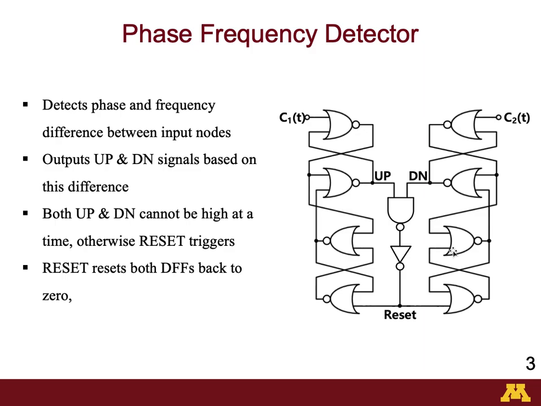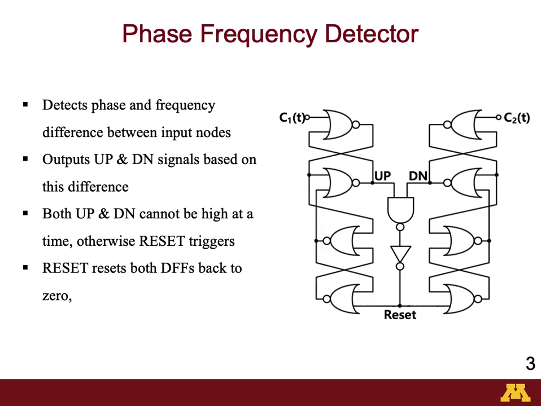Structurally, the PFD is composed of two resettable D flip-flops. C1 is the input to one D flip-flop, while C2 is the input to the other D flip-flop. Up is the output of one D flip-flop, and down is the output of the other.